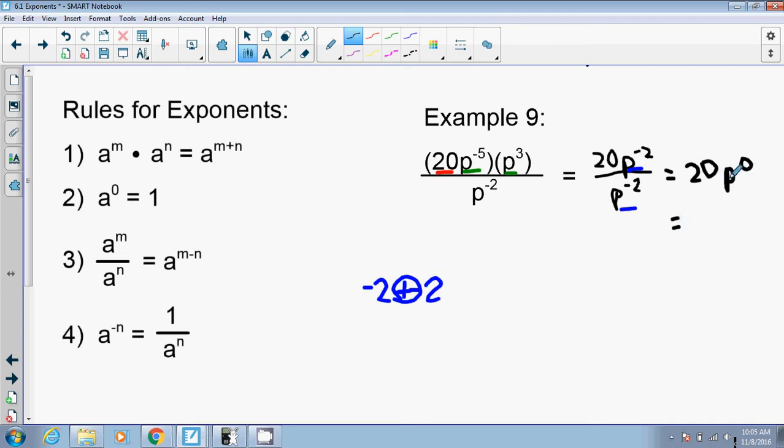So really, p to the 0 power becomes 1. So I have 20 times 1, which is just 20. So when I'm trying to simplify the original problem of the quantity 20p to the negative 5th times p cubed, all divided by p to the negative 2nd, I get just 20.